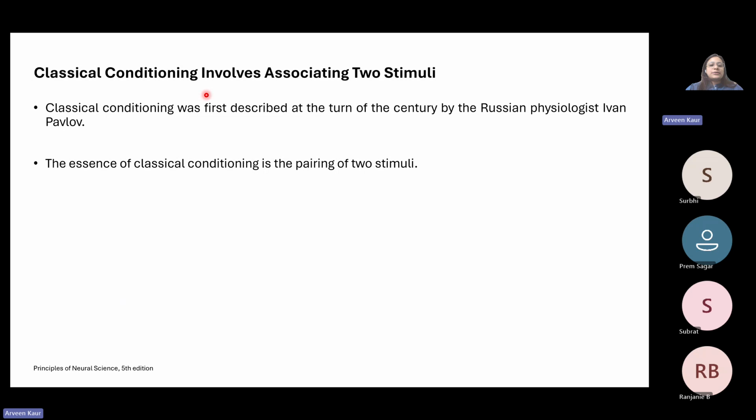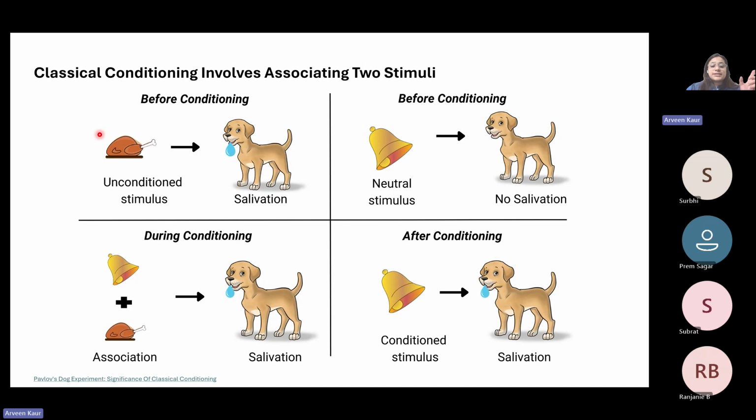So, it was first described at the turn of the century by Russian physiologist Ivan Pavlov, right? This was also known as a Pavlovian experiment or Pavlovian conditioning, right? The essence of classical conditioning is the pairing of two stimuli, right? That is the essence of it.